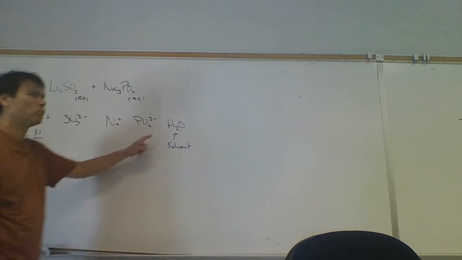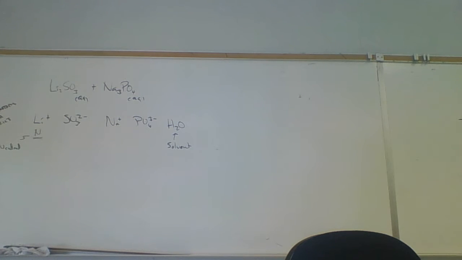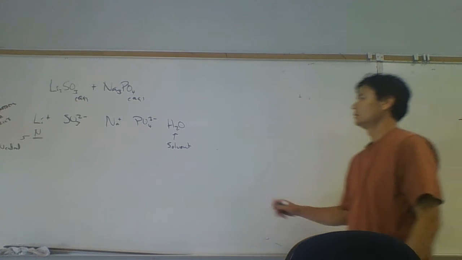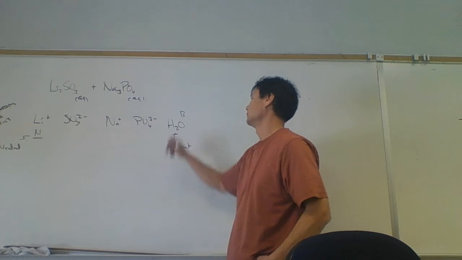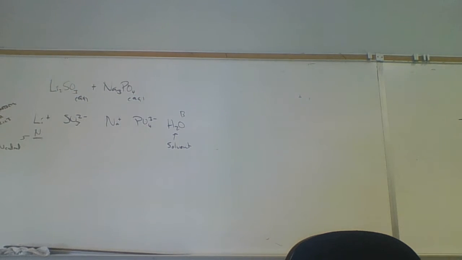This is a different neutral than this. For example, water. Do you see water here? I see water here. Water is a base. But I also see water here on the left side.